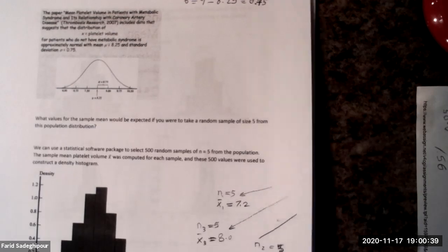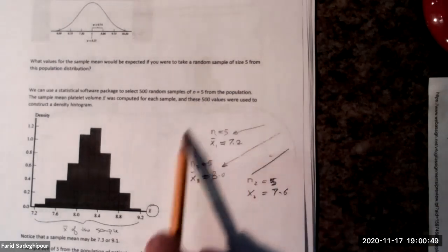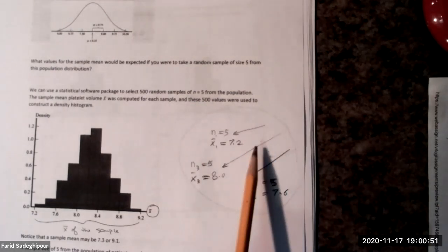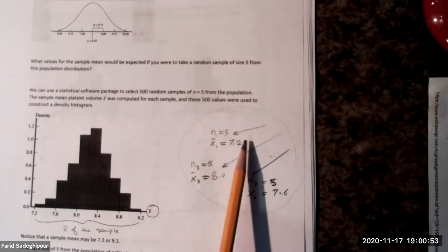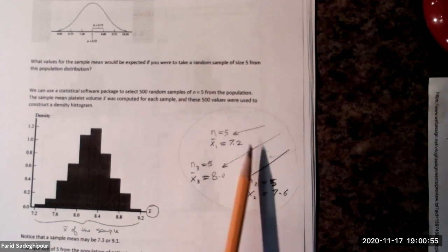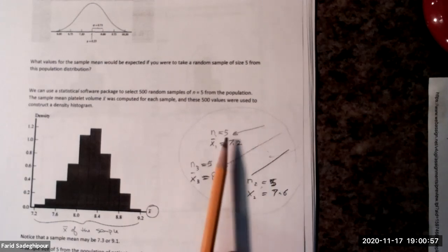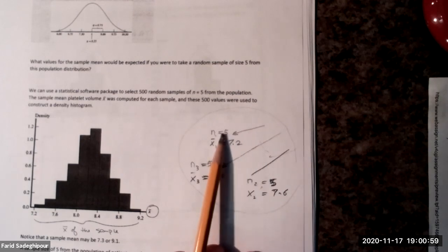So what we normally do here, if you want to calculate the mean of the population, is take many samples from one place. First, you want to make sure that all the samples you take have the same size.